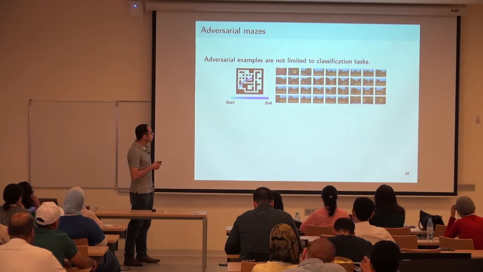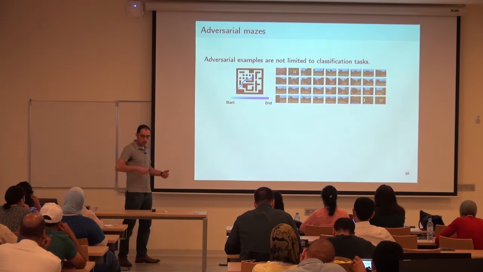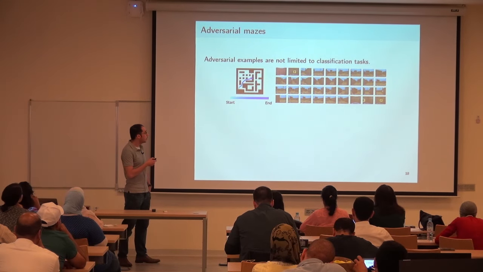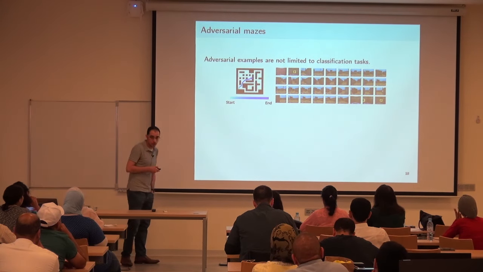You have a starting position and an ending position, and your goal is to go to the ending position from the starting position. You have 5 minutes, for example, and the goal is to maximize the number of trips to the end position from the start position.